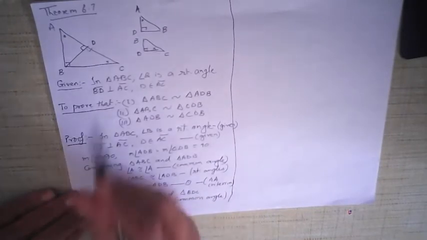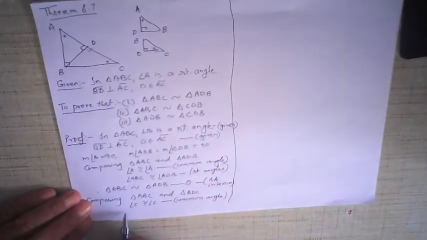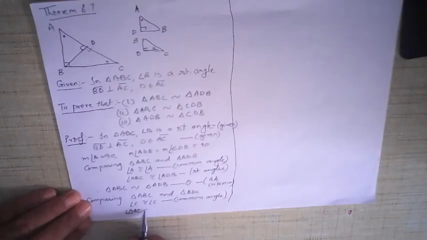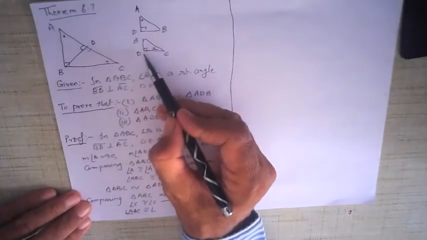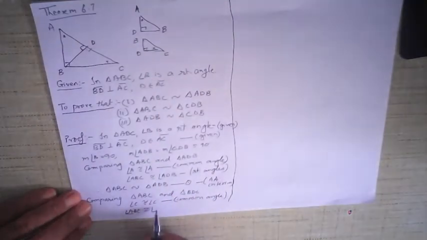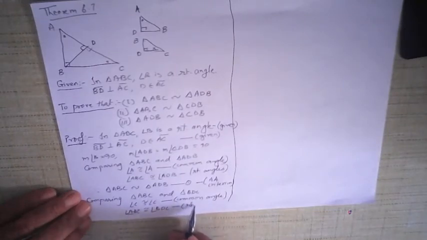And of course angle D is a right angle. So angle ABC of the bigger triangle is congruent to which angle? Angle BDC. Reason, they are both right angles.